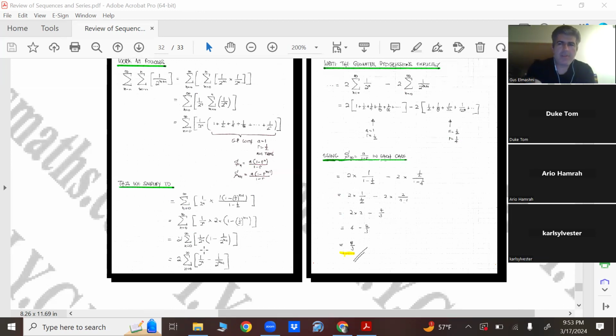Yeah, I don't know. Because you're trying to find the sum starting with m equals 0. That's your first term. Yeah, you have 1 over 2 to the n, right? The first term's ratio.